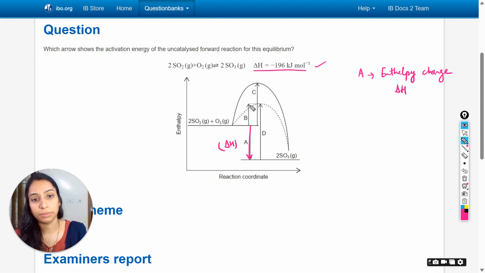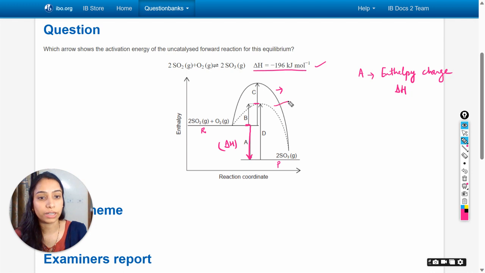So next is B. This arrow is from here to here. If this is the reaction, these are the reactants and these are the products. So the reaction goes from these reactants to these products. This is the reaction pathway.